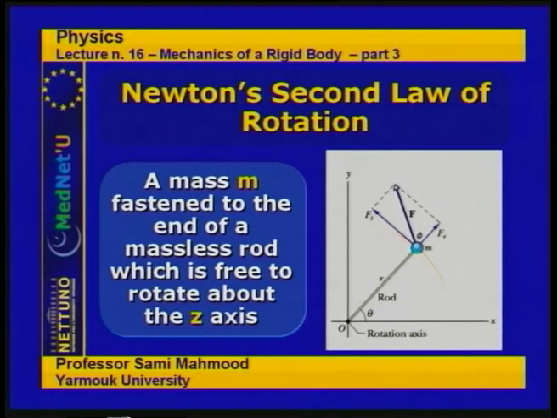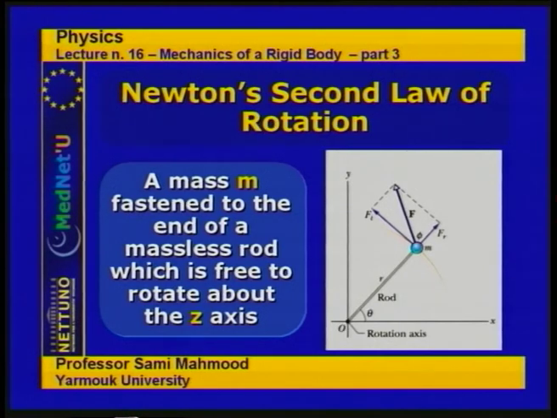Analyzing this problem, we realize that F sub r, which is the radial component of the force, does not introduce any rotation because its line of action goes through the pivot point O, if we extend it, and thus the perpendicular distance between the line of action of the force and the axis of rotation is 0.